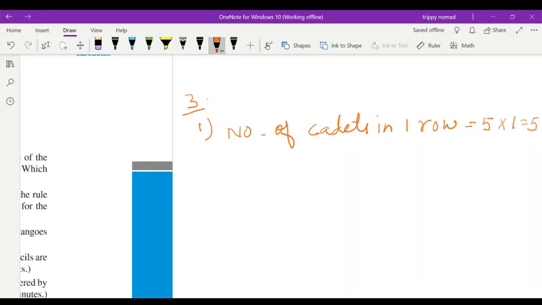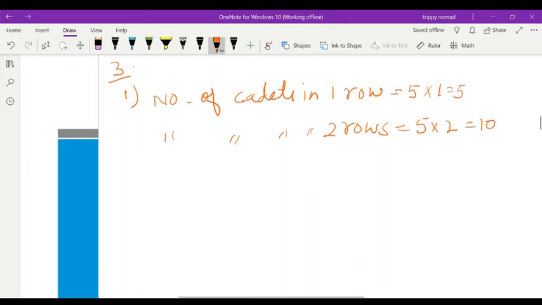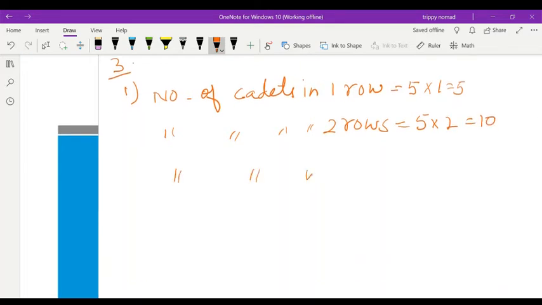Then number of cadets in 2 rows, that means 5 into 2, 10. Then similarly number of cadets in 3 rows, because in each row there are 5, total 3 into 5, 15.